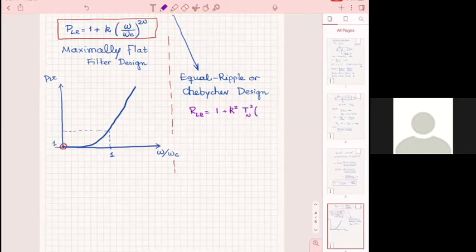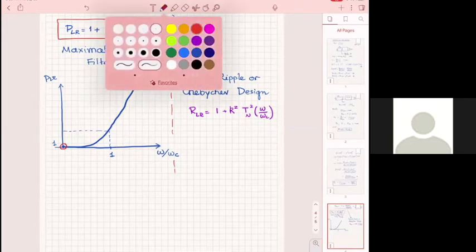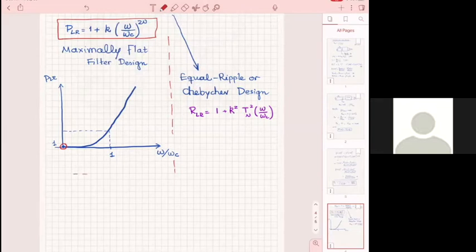The order of the polynomial is n, and then it gives this ratio. Now, why did they go from the simple omega over omega c to something that is more complex and has a Chebyshev polynomial? You can go and check what the Chebyshev polynomials are, kind of interesting.